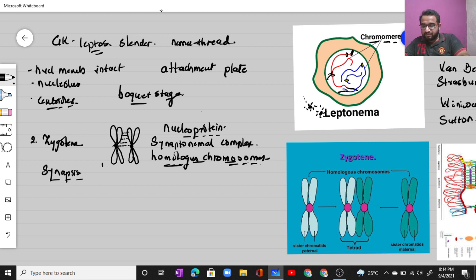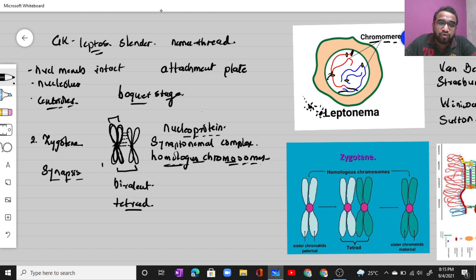Now when we talk about the homologous chromosomes, these two chromosomes together will be called the bivalent. It is called a bivalent, and it is a tetrad condition. Why tetrad? You can see here, this is one chromatid, and this is the second chromatid, and they both have one centromere.